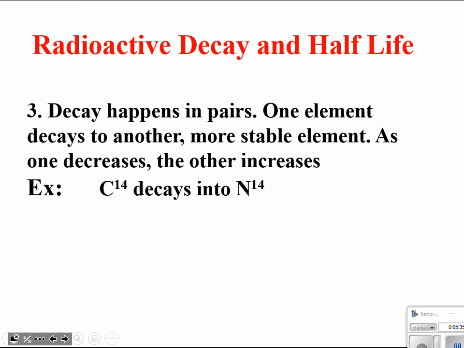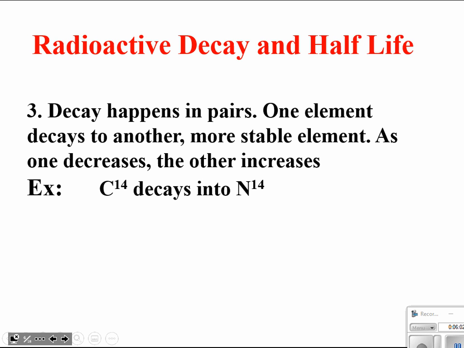And this decay happens in pairs. What do I mean by that? One element is decaying into a more stable element. So the unstable element is decreasing while the more stable element is increasing. As one of those goes down, the other one is getting greater.